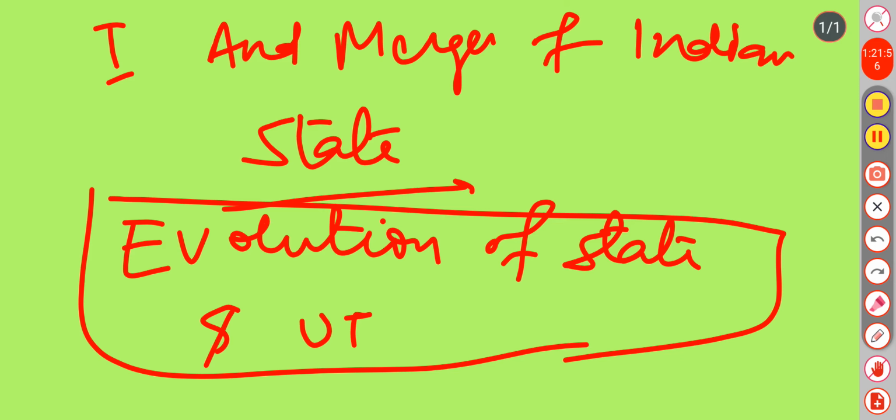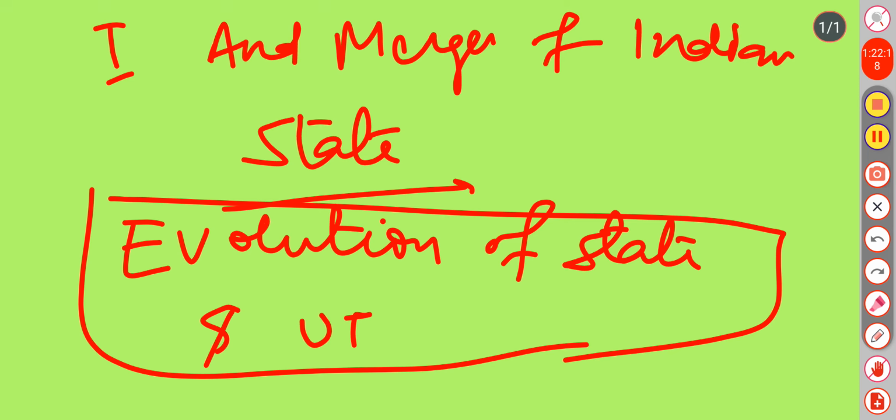So the Fazl Ali Commission. After the creation of Andhra state, the demand for creation of states on a linguistic basis intensified, and the Fazl Ali Commission was constituted in December 1953, which was also known as the States Reorganization Commission.